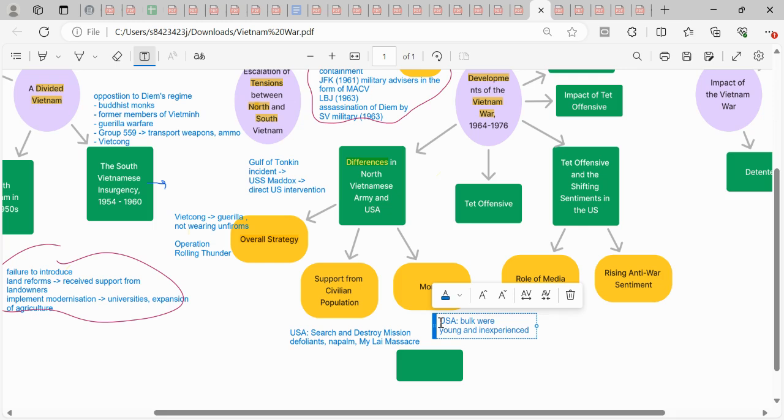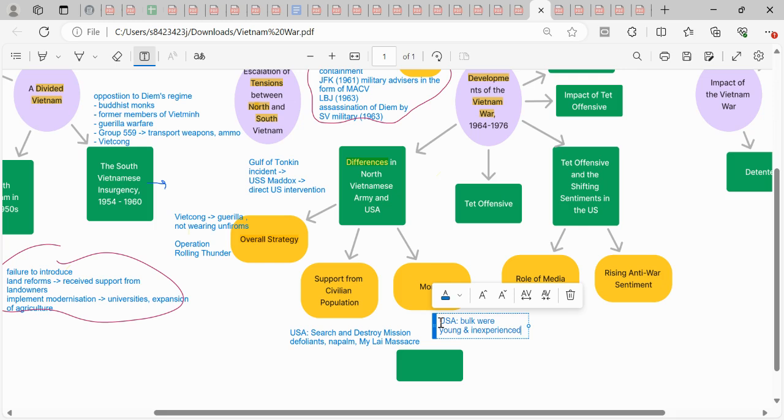Therefore, with the free reporting of the journalists on the ground, over time, when you see the civilian casualties mounting up, it's increasingly apparent that America was not fighting the same kind of just war as they did in World War II.